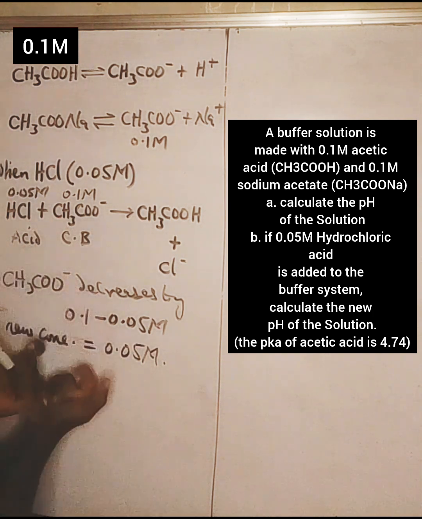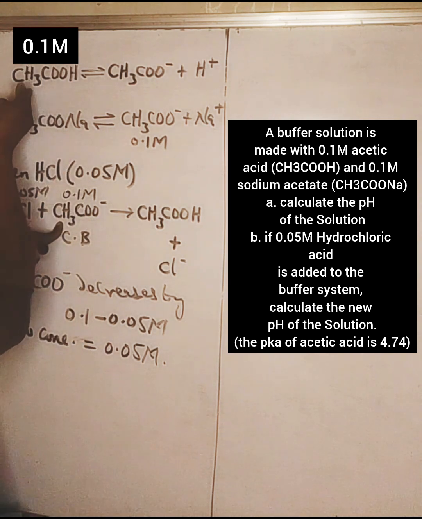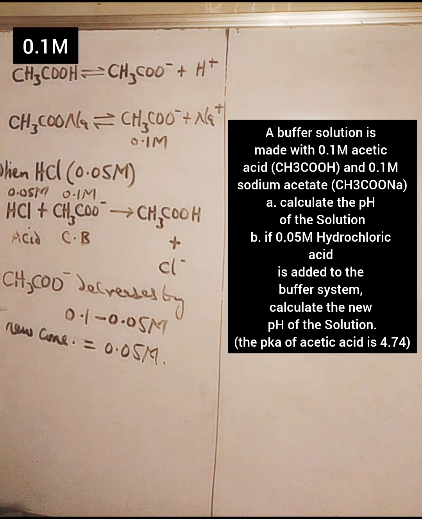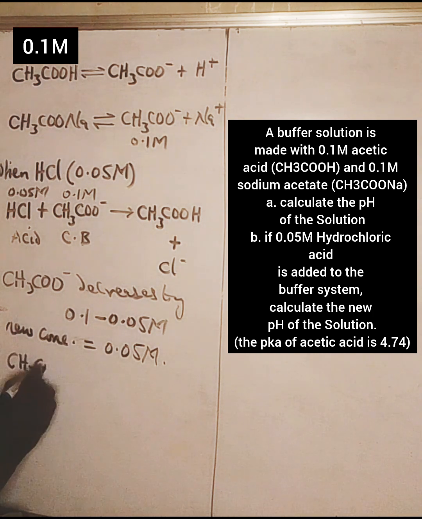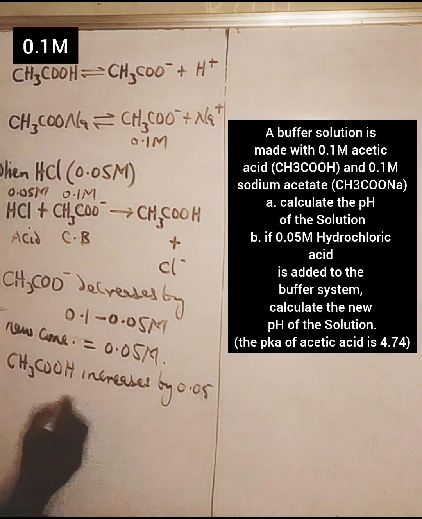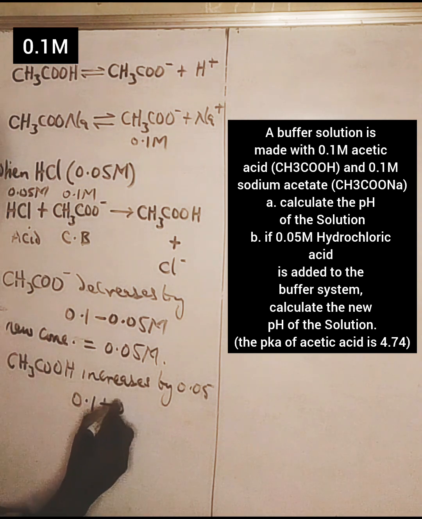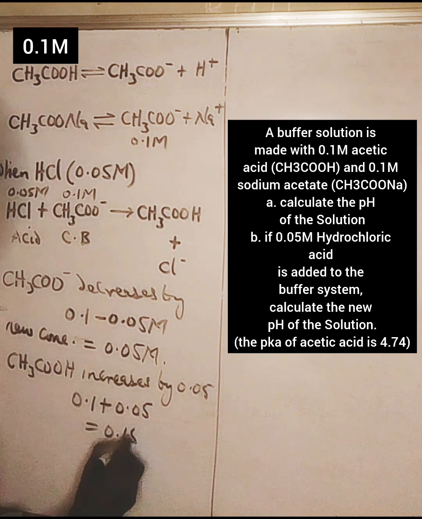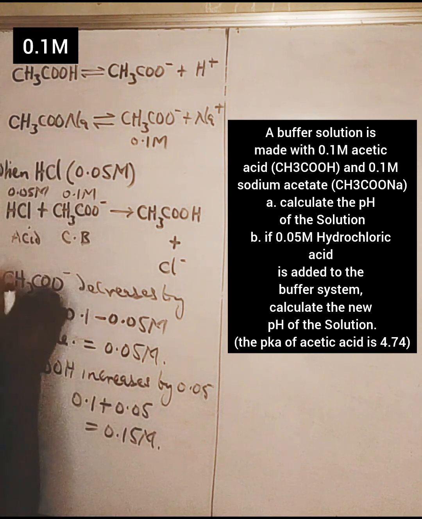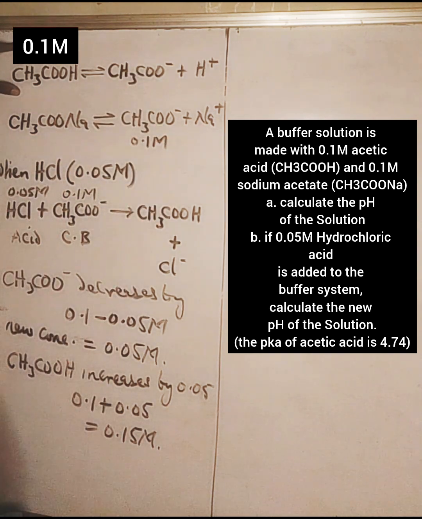Now, remember, 0.05 molar of the conjugate base was converted to acetic acid, which means acetic acid increases by 0.05, meaning the original concentration, 0.1, increases by 0.05, which is 0.15 molar. This is what this small amount of acid has caused. It has caused a decrease in concentration of the conjugate base by 0.05 and an increase in concentration of acetic acid by 0.05.